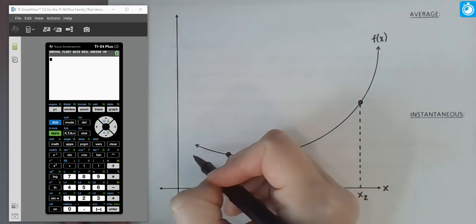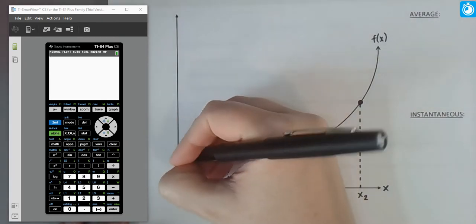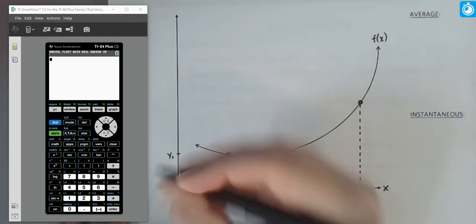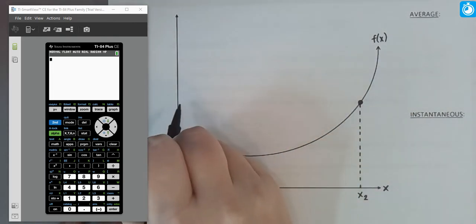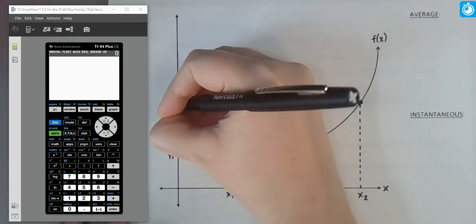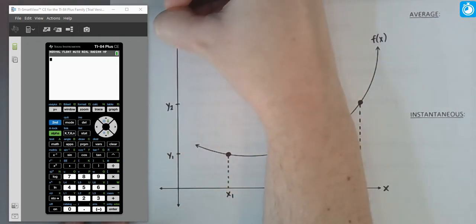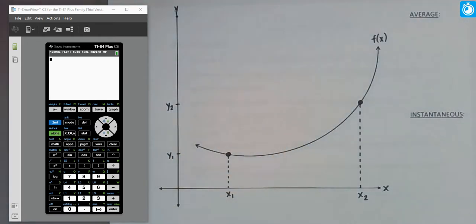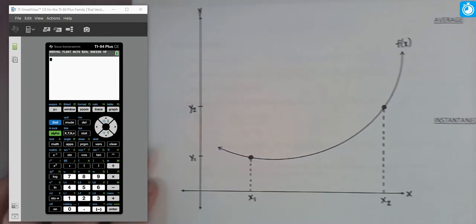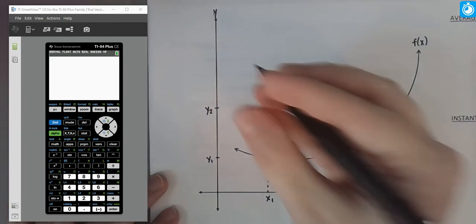And so the associated y values would be y1, and then if we trace this over about right there, that'll be y2, again because those are along the y-axis. Now we also decided that we could use function notation instead of actually calling these y values.